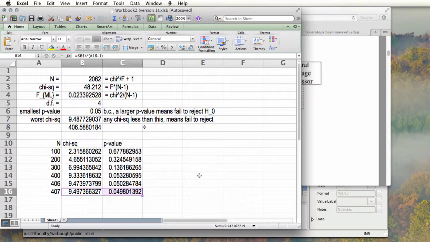If you had a sample of 406 that had the same variance-covariance matrix as you have, then you would have gotten a non-significant p-value, and you would have failed to reject the covariance-variance structure hypothesis.